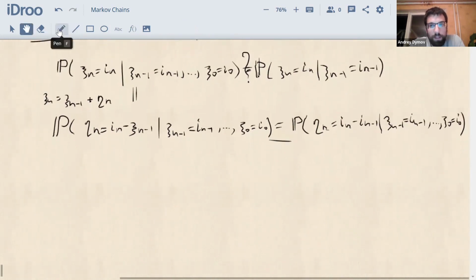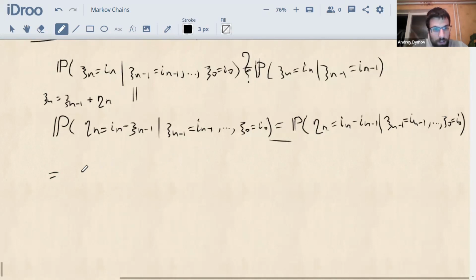Okay, then this probability, I claim that it equals the probability that eta_n equals i_n minus i_{n-1}. Why is this so?